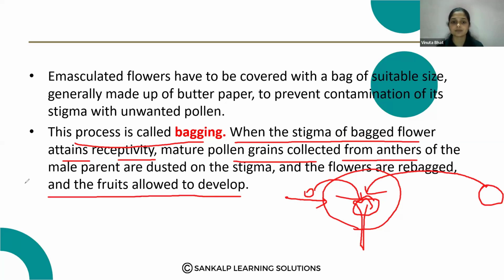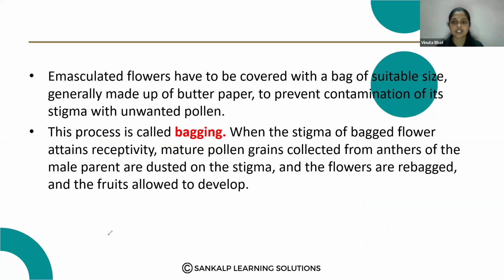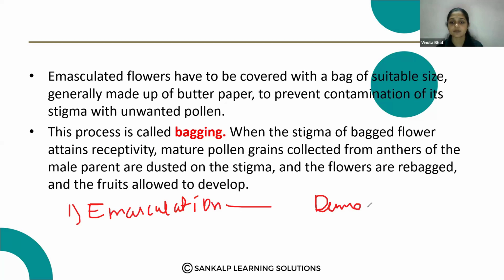So in the artificial hybridization process, the first step is emasculation, that is, removal of anthers when the flower is in the bud condition. The second step is bagging, which prevents unwanted pollination, the transfer of unwanted pollen grains to the stigma.